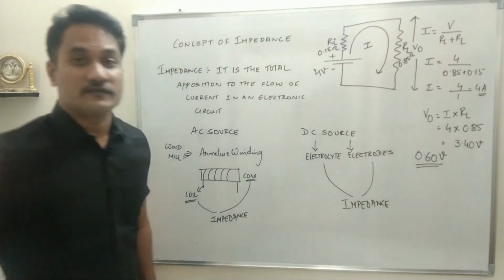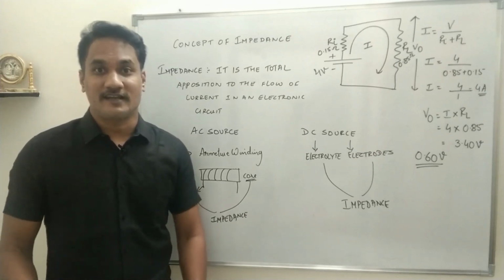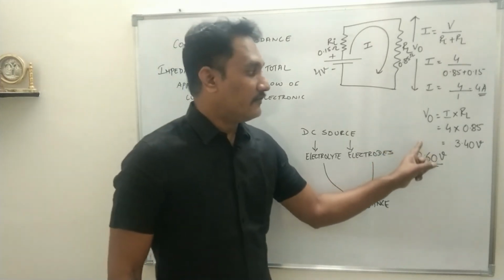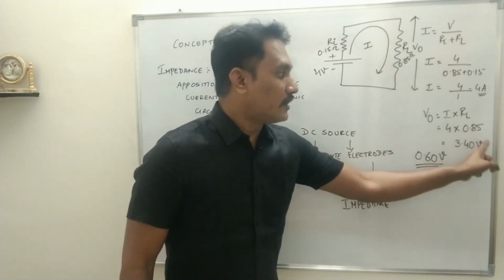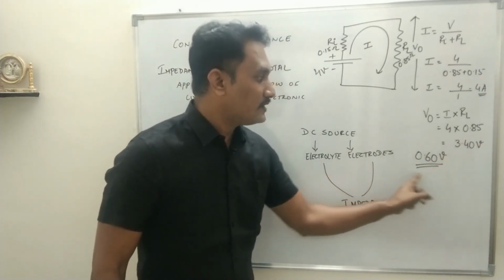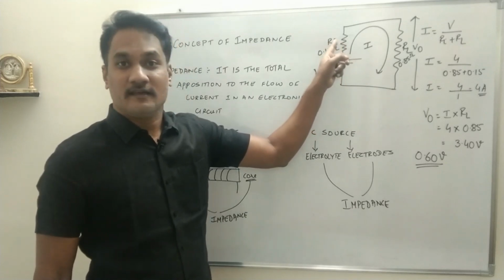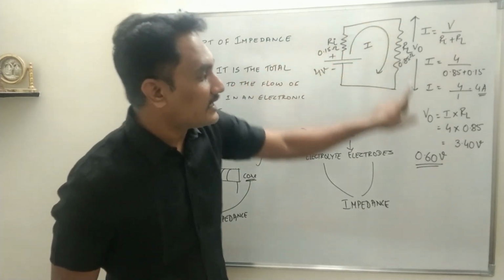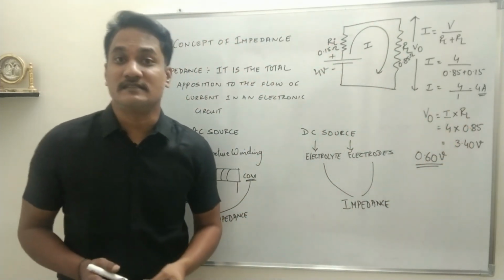You have to understand that when RL is 0.85 ohms, the output voltage we are getting is 3.40 volt. That means this 0.60 volt is getting dropped across Ri. Some voltage will be dropped across Ri, some across RL, and in this example the voltage drop across Ri is 0.60 volt.